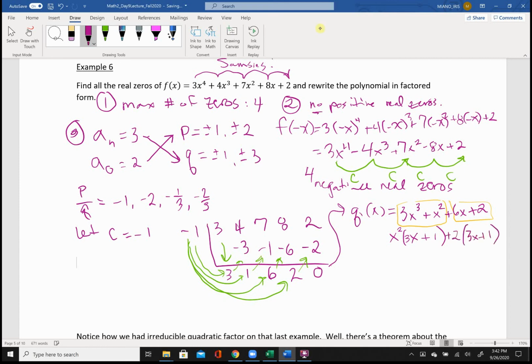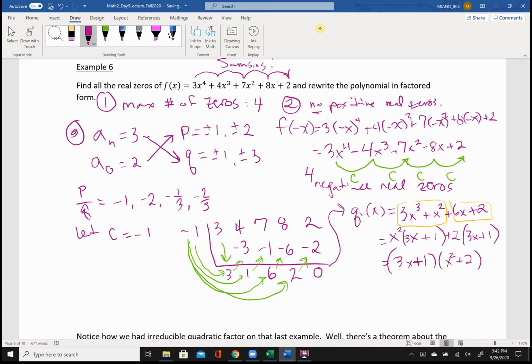So luckily, these binomial factors match. So therefore, the common factor of 3x plus 1 can be pulled out to the front. It's supposed to be a plus 1. And then the remaining bit will be x squared plus 2. Now, x squared plus 2 is not factorable, okay?